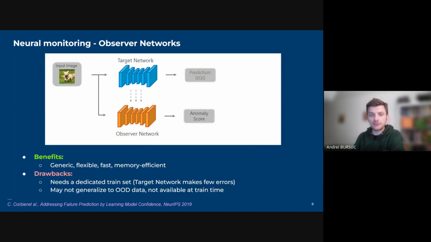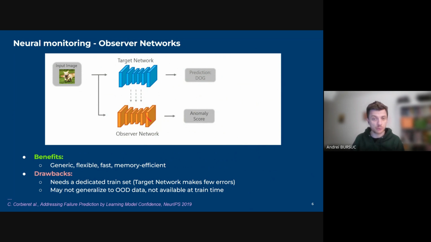The benefits of these types of methods are obvious because they are quite generic. They can suit any type of architecture. They're also flexible, so they can take an arbitrary number of hidden features from the target network, but they do not necessarily need to have the same architecture as the target network.